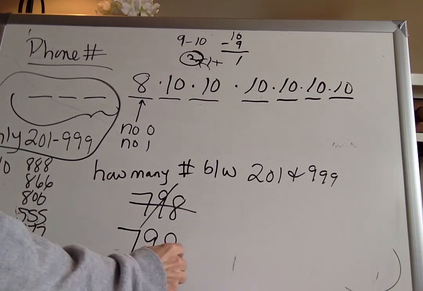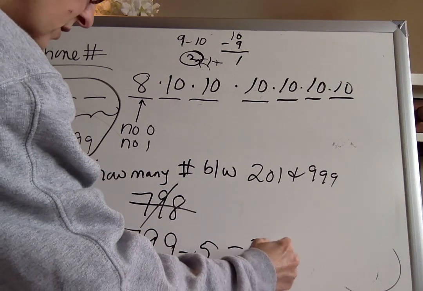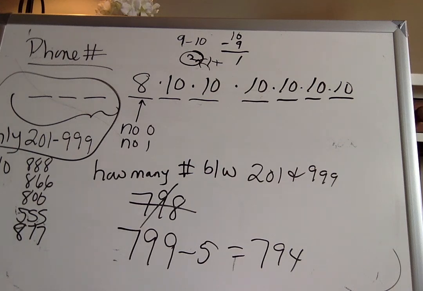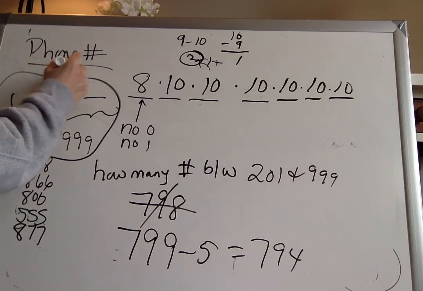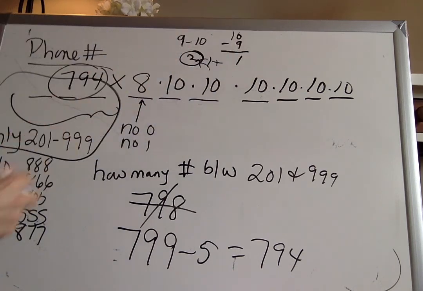But now we have to subtract off those 5 we're not allowed to use. So that's 794. So now we have basically 794 times 8. It was going to be way too hard to go digit by digit here. So what I really did was just view this as a 3-digit number, meaning instead of seeing the digit 2, the digit 0, the digit 1, I viewed this as 201, 999.